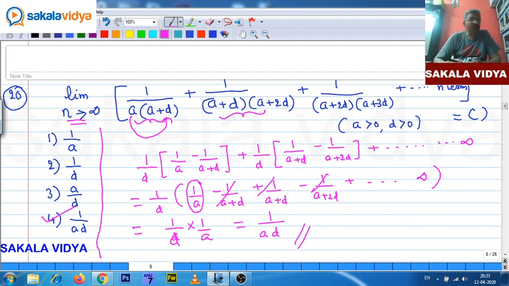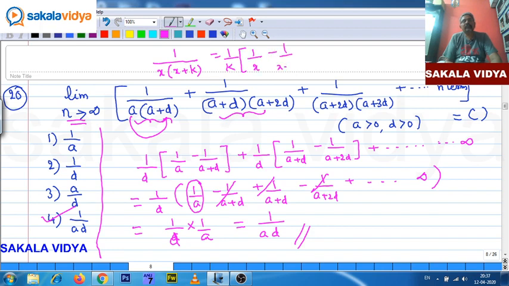Actually, I have written the partial fractions here. I will explain partial fractions. What are the partial fractions of 1 by x into x plus k? Here 1 by k into 1 by x minus 1 by x plus k. These are the partial fractions. So now tell me, what are the partial fractions of 1 by a into a plus d?